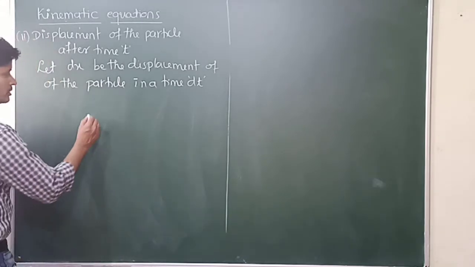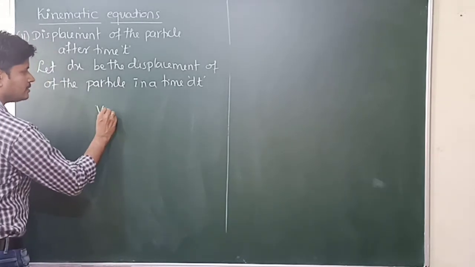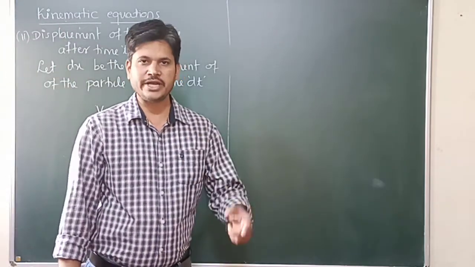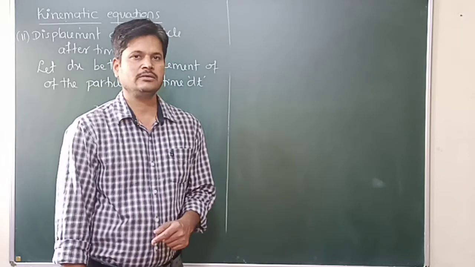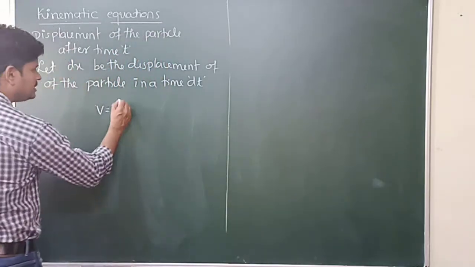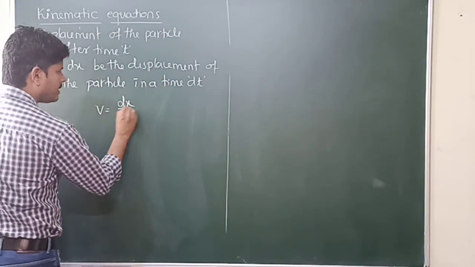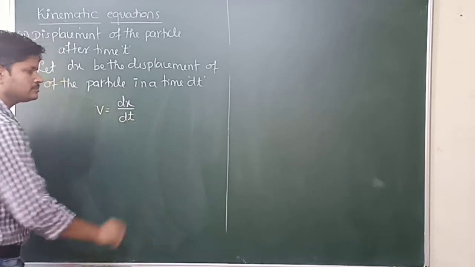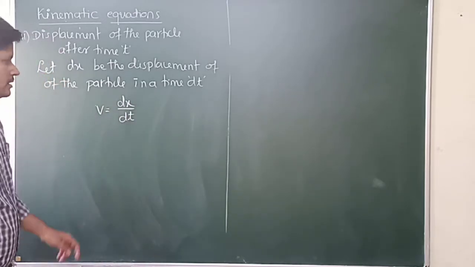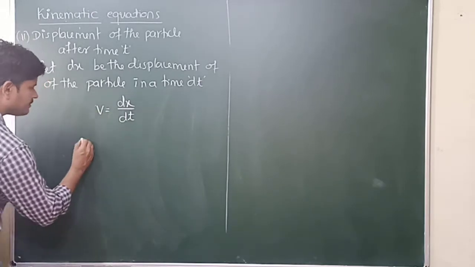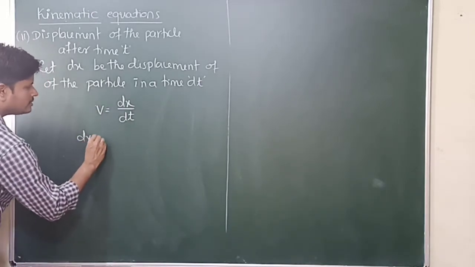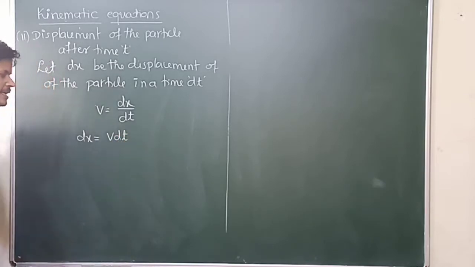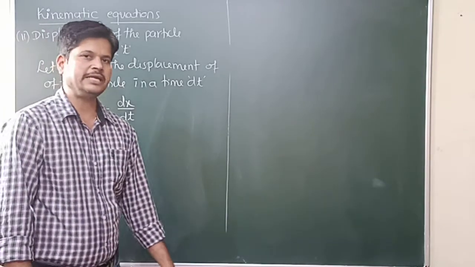Now we are going to write the velocity equation. Velocity is the rate of change of displacement, that is dx, displacement, divided by time taken. Is it right? Now rearrange this equation. dx is equal to v into dt.